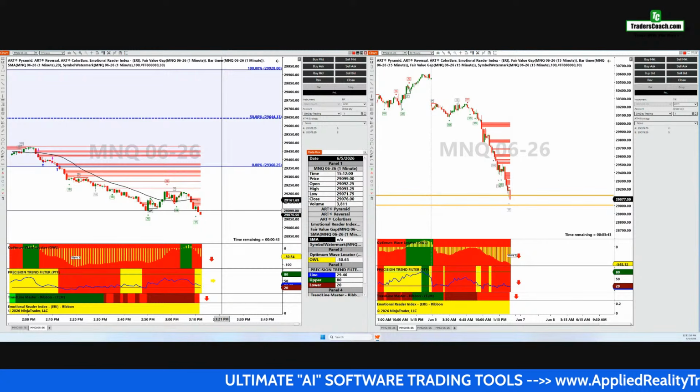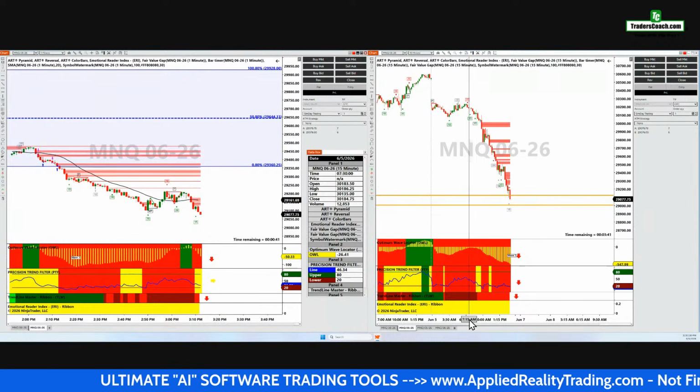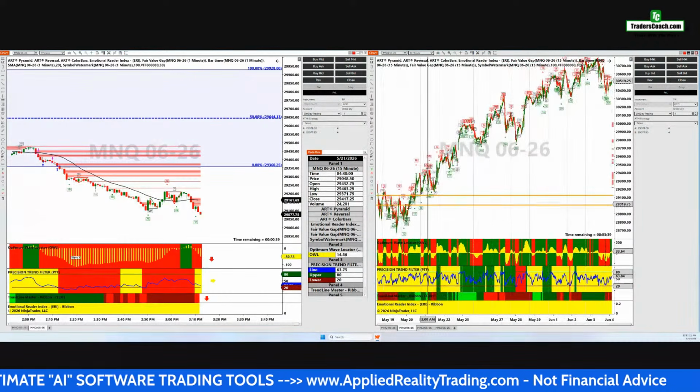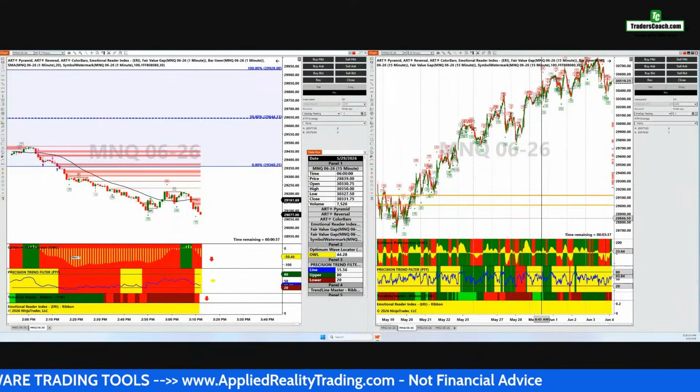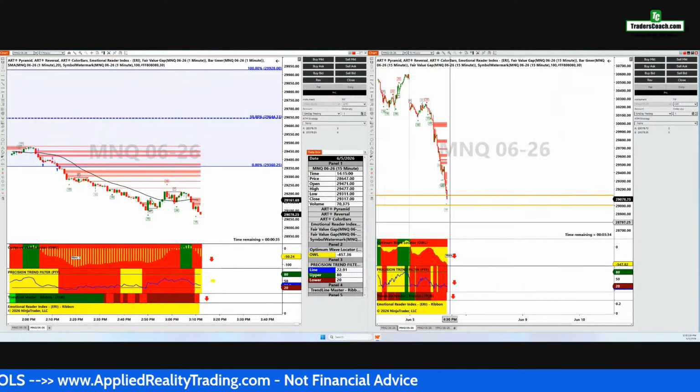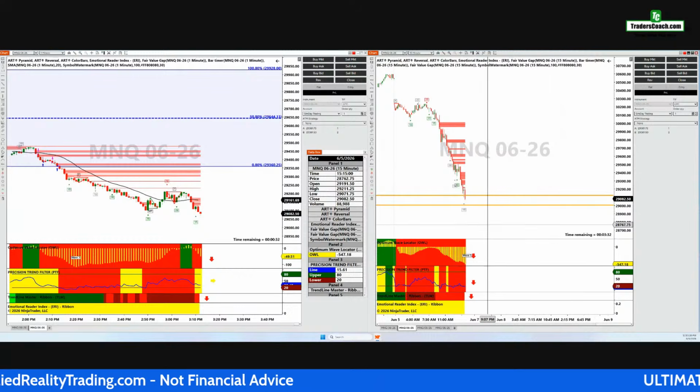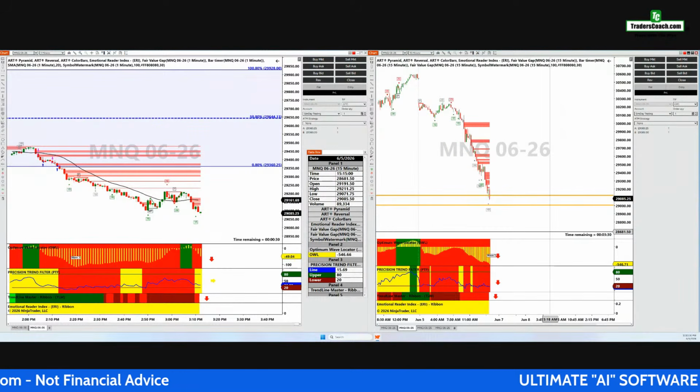All right, so we're taking out that low again. And our second area of equity is this line here. And let's see what happens.